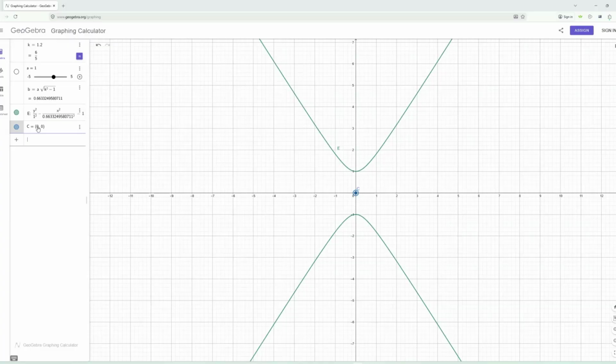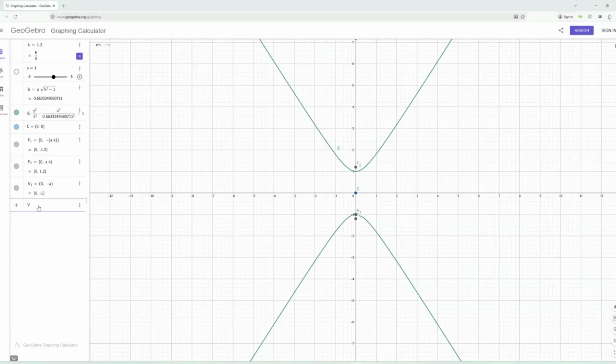We have 2 foci. One occurs at the point 0, negative a times the eccentricity. The other occurs at the point 0, a times the eccentricity. We have 2 vertices. One occurs at the point 0, negative a.